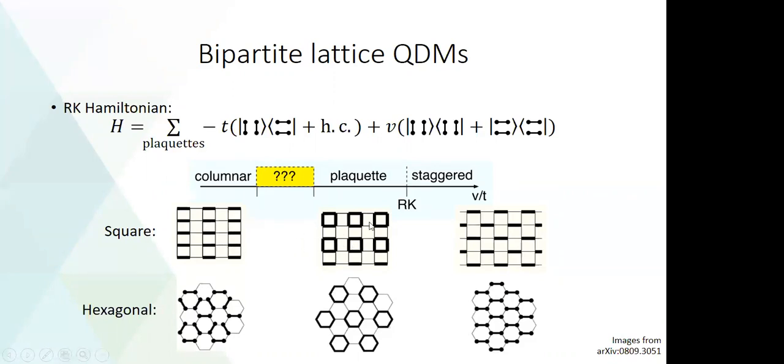We might have more complicated plaquette states which involve larger clusters, so there are several candidates.